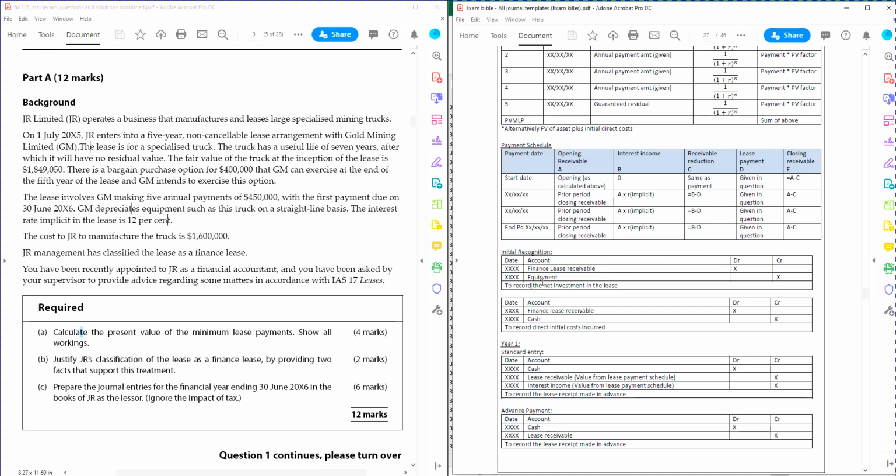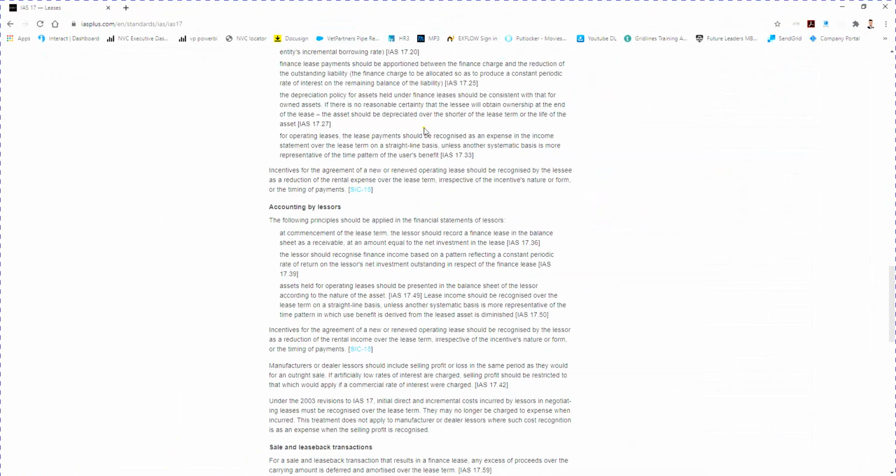Makes sense? And if there's any initial cost incurred, you'd recognize that against the receivable amount as well, if that's applicable. However, and this is a big however, if the company is a manufacturer or a dealer lessor, it's a little bit different.